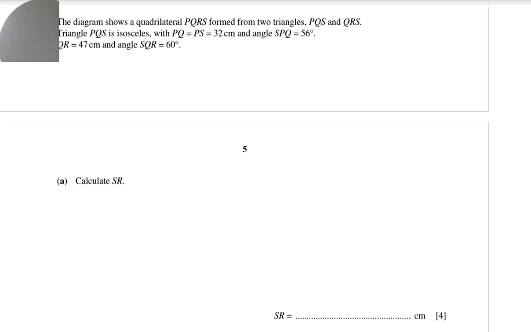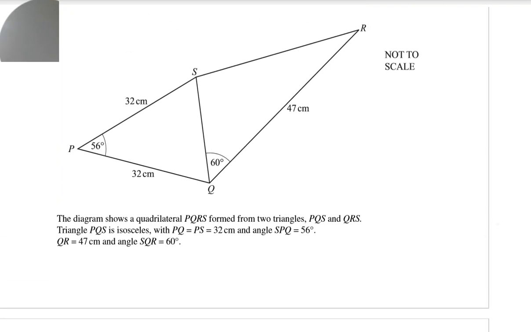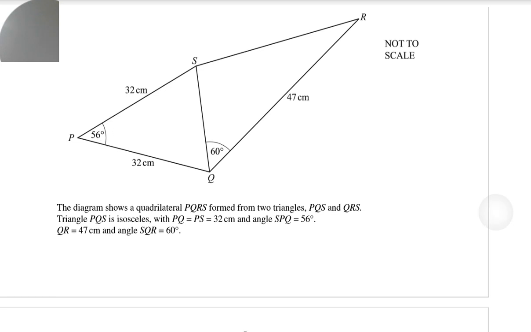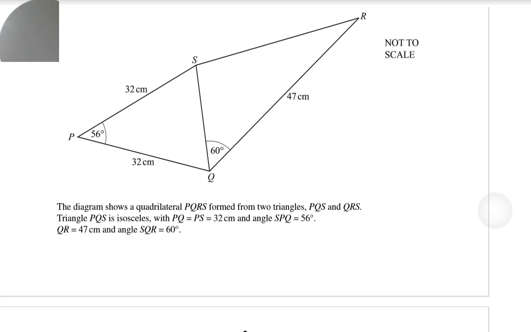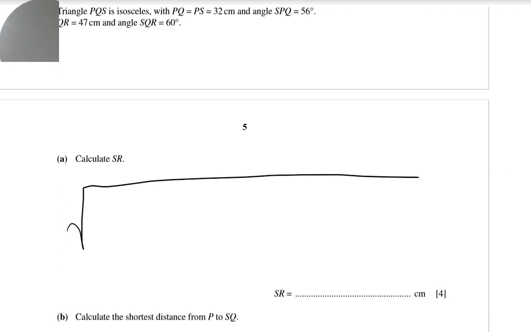So my SR should be the square of SQ, and I don't have SQ. So I have 32 two times and 56. So that could be my SQ. Let me write the shorter form first.